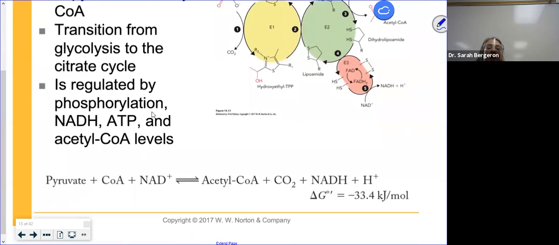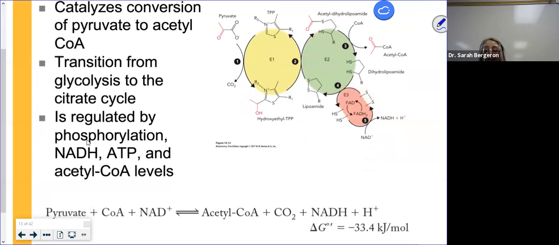All right. The other thing is that it can be regulated by phosphorylation. Phosphorylation is a different mechanism for regulation than the others. Why? Remember we said there are different ways that you can regulate enzymes? What are the different ways?